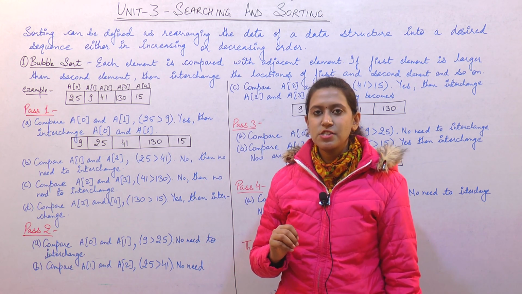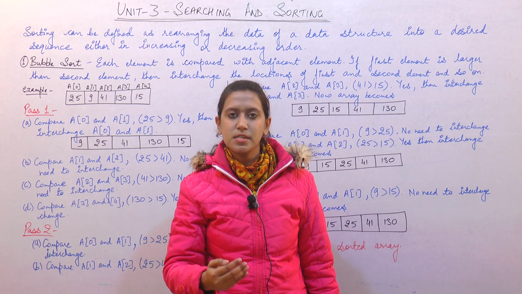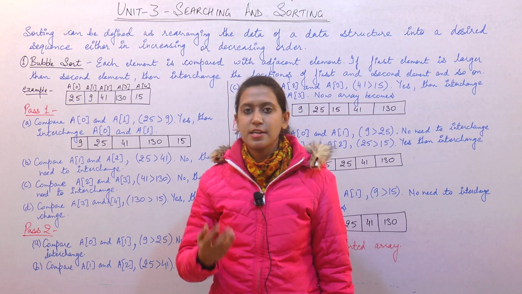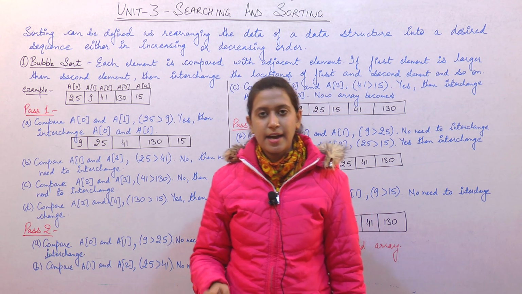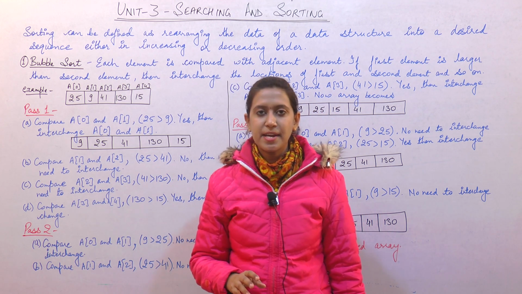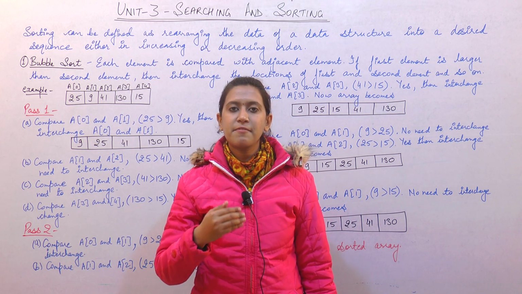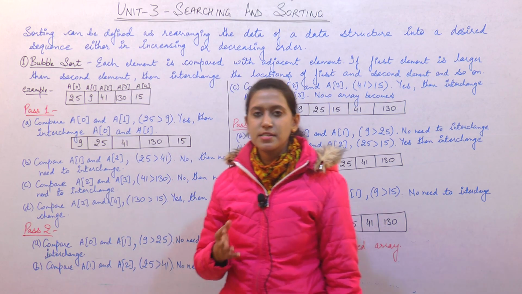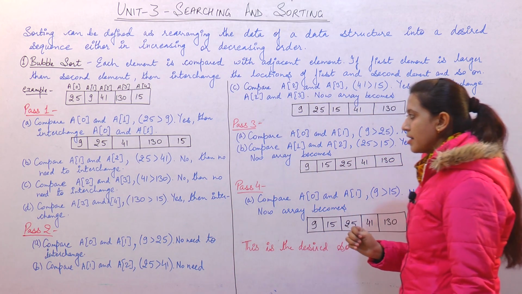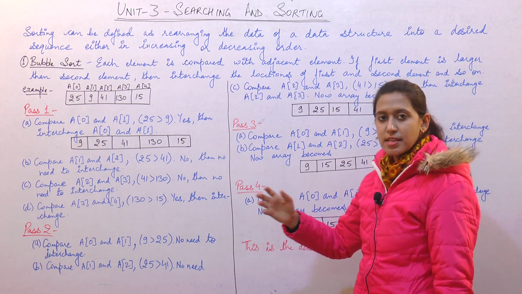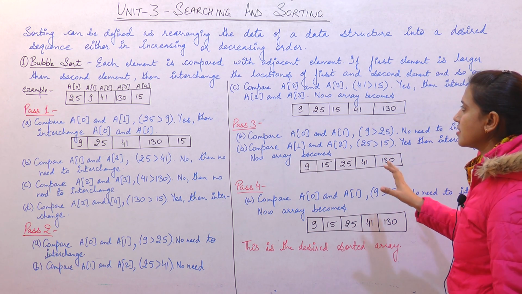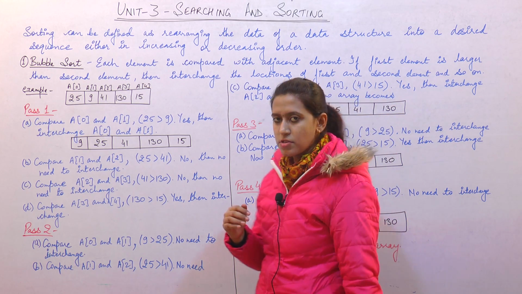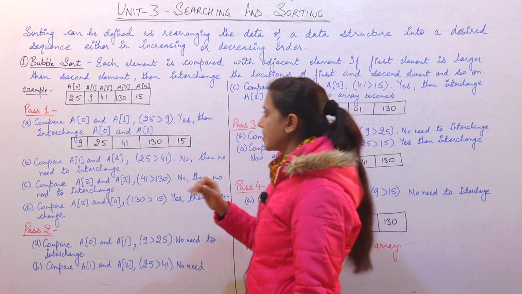After interchanging, we move towards the next element in the array and compare it with its next element. Again we do the comparison. The greater number will shift towards the right and the smaller number will shift towards the left of the greater number. In this way, by applying all these comparisons, we will get a sorted array at the end.